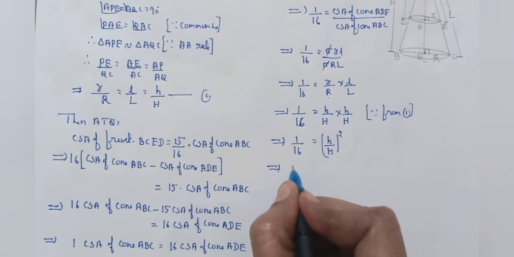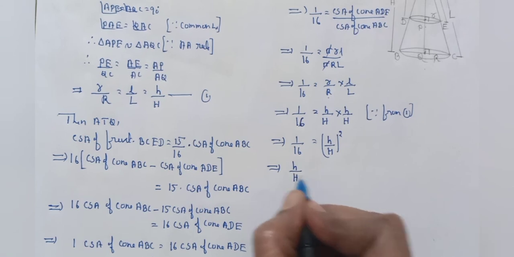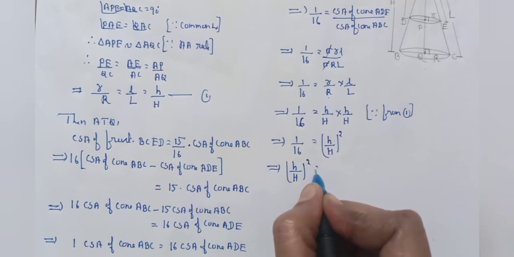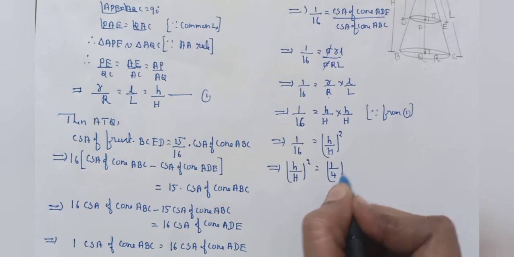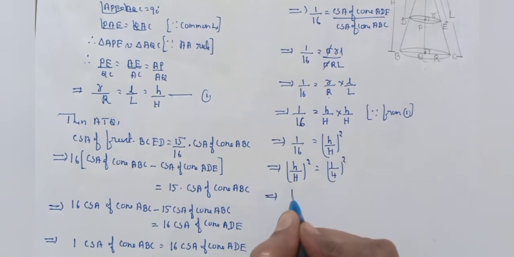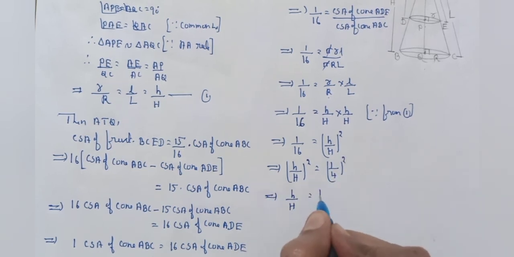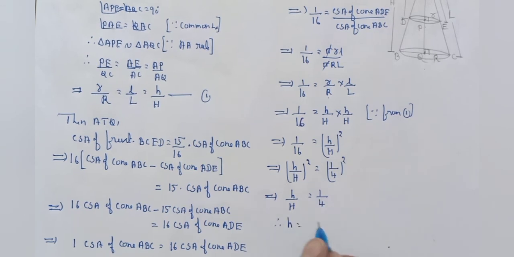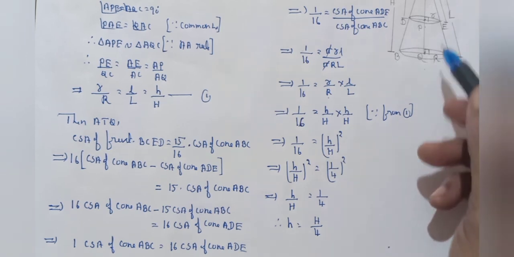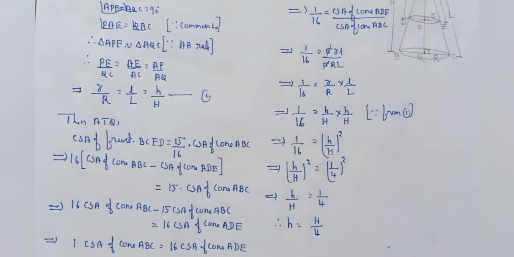So h by capital H whole square is equal to 1 by 4 whole square. Therefore, small h by capital H is equal to 1 by 4. Then small h is equal to capital H by 4. Now you got the height of the smaller cone. See, small h is nothing but AP. Therefore, AP is equal to capital H by 4.